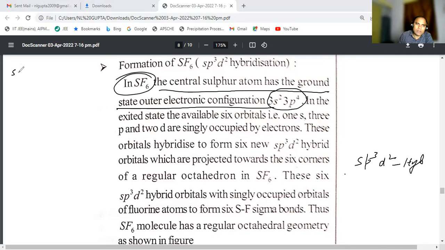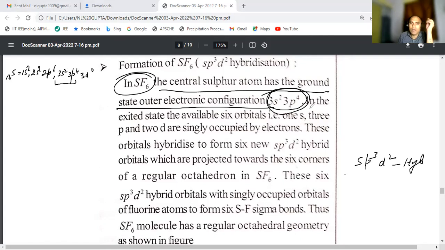Sulfur is 16, so 1s2, 2s2, 2p6, then 3s2, 3p4, and 3d0. You can see the same is coming: 3s2 and 3p4.